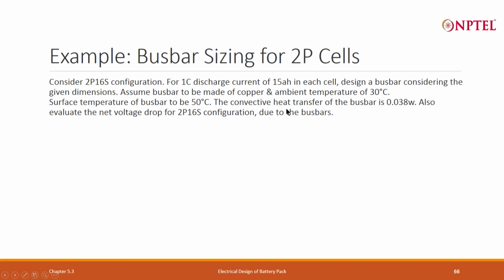The total convective heat transfer Q is 0.038 watt. No, it is not the convective heat transfer coefficient, it is total heat transfer. So, that is HA delta T, its unit is Watt. Watt should always be written in capital because it is the name of a scientist.